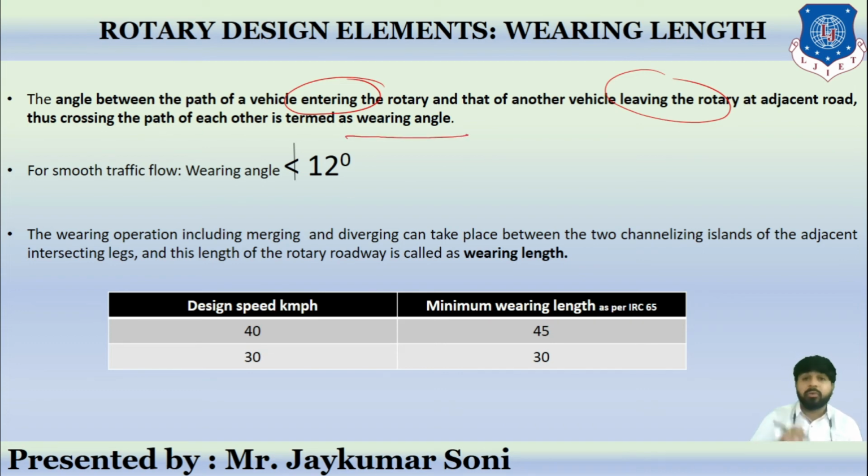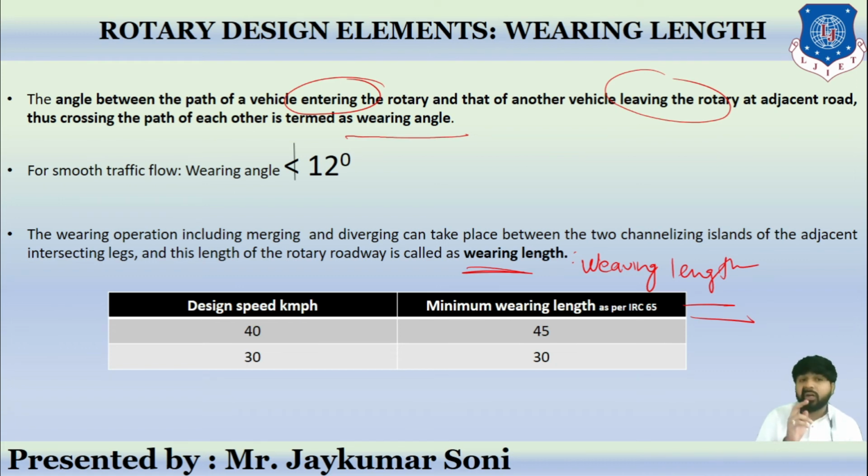And in order to provide smoother flow, it should not be less than 12 degrees. The weaving operation, including merging and diverging, can take place between the two channelizing islands. This is the definition of weaving length. See, stay focused.